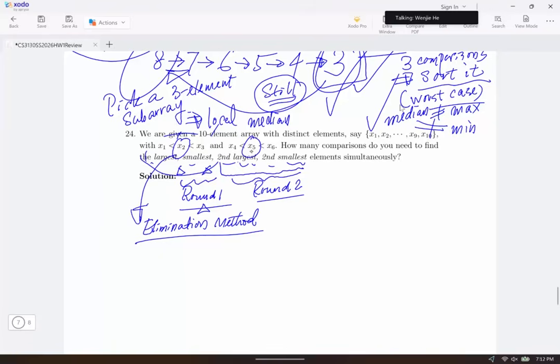Because X2 cannot be the largest and the smallest. X5 cannot be largest and smallest. So X2 and X5 are eliminated immediately. So we reduce the problem's size from 10 to 8. So for the first round, we already reduced the problem size from 10 to 8.